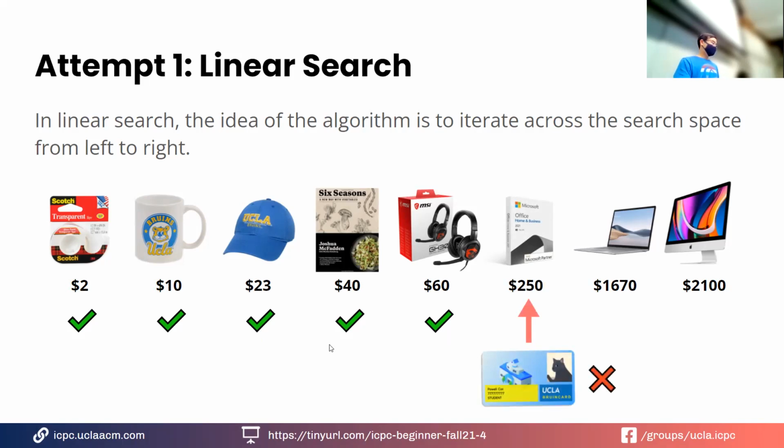Can you afford that? Unfortunately, you cannot. You can't get Microsoft Office for a year before you graduate, which is very unfortunate. But we have essentially found out what the most expensive item we can afford is, which is the gaming headset. So this is a pretty straightforward algorithm, pretty easy to understand. You just start with the cheapest item, check, and then you keep going up until you get something you can't afford. And then the one right before that is the most expensive item that you can afford.